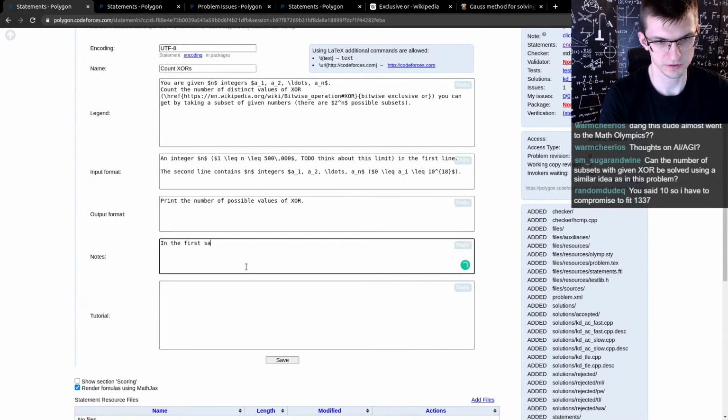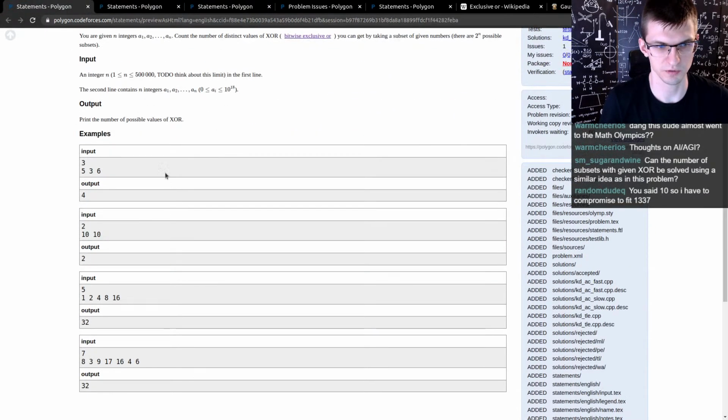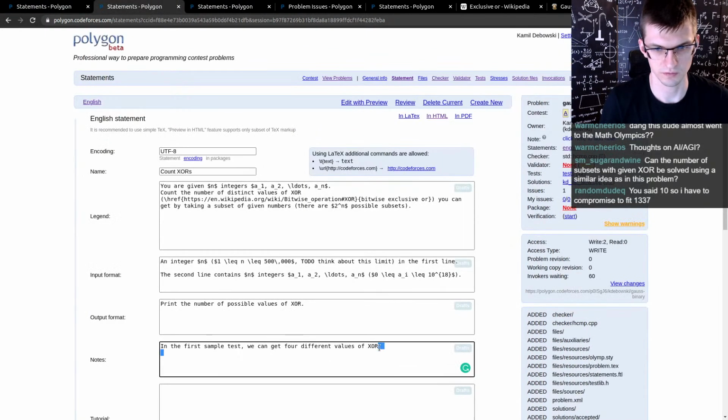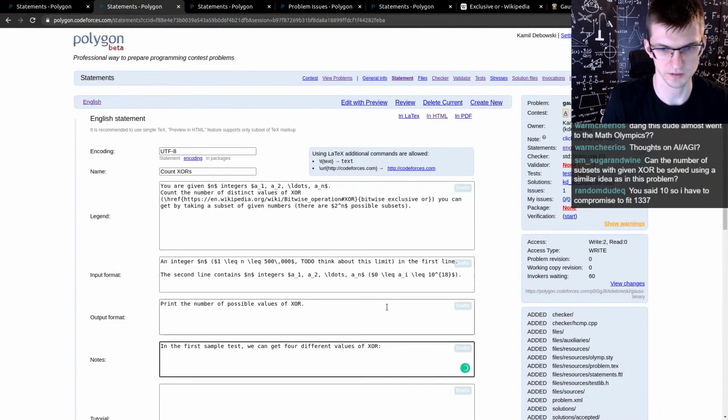In the first sample test, can get 4 XORs. And here's some kind of list where I will say what's possible. Zero, 3, 5, 6, just this.